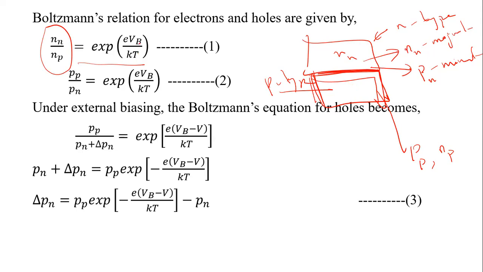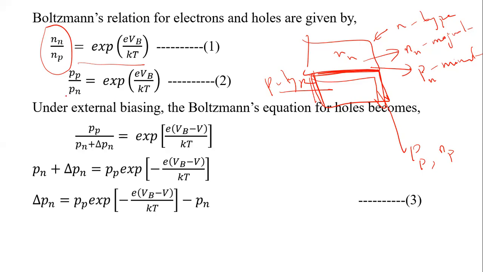kT is the thermal energy, and VB is your barrier potential. So depending on the barrier potential, the Boltzmann relation gives the concentration of electrons in the n side in relation to the concentration of electrons in the p side.